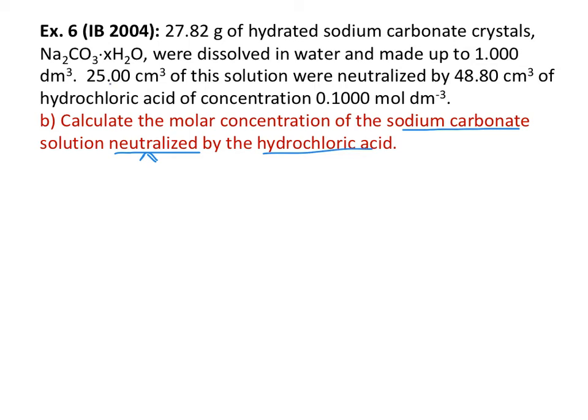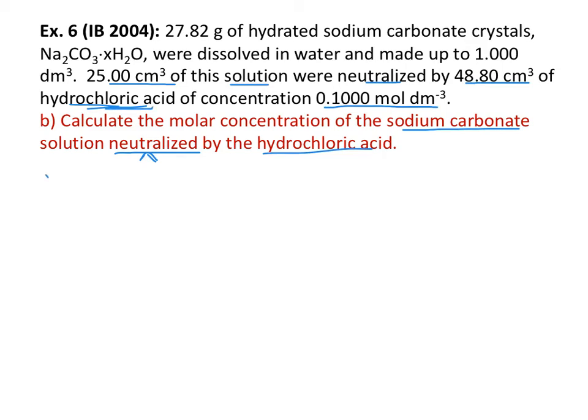So the part of the problem that I'm going to need right now is that I have 25 cubic centimeters of the solution neutralized by 48.8 cubic centimeters of hydrochloric acid with the concentration of 0.1 moles per decimeter cubed. So the one substance it does tell me is the hydrochloric acid.